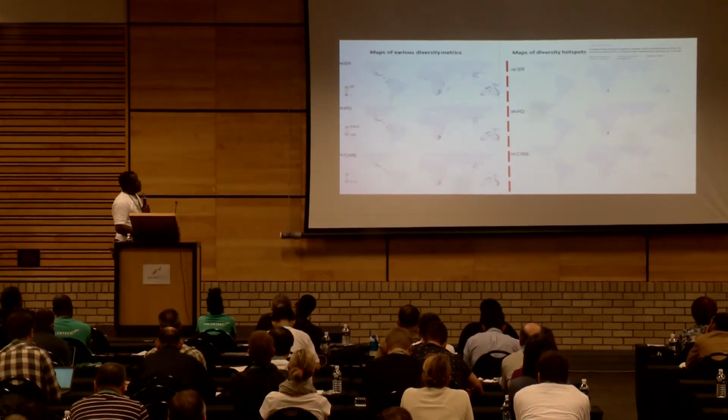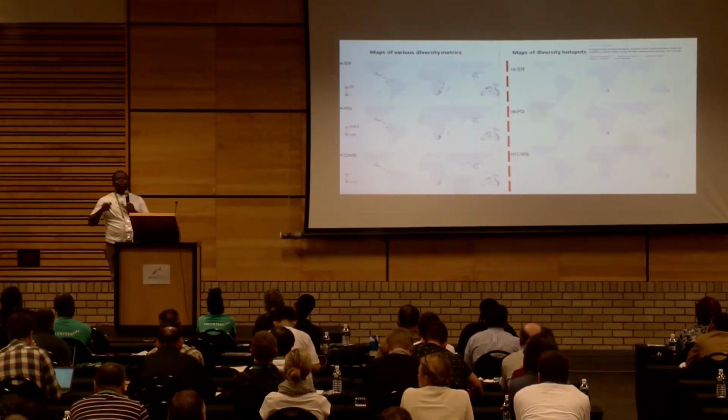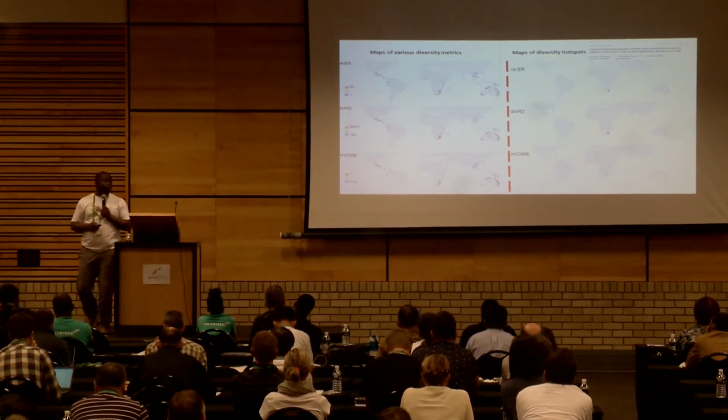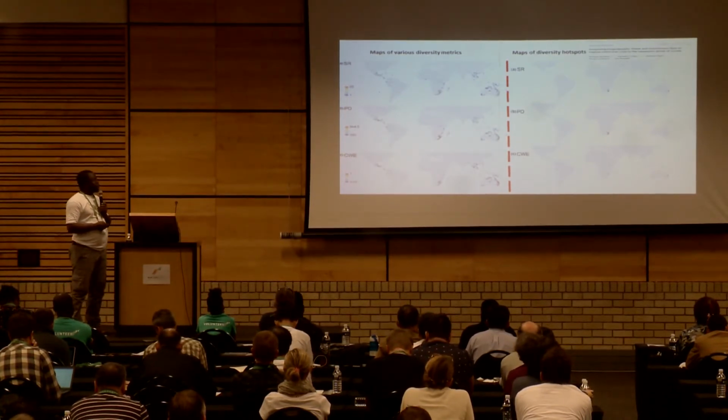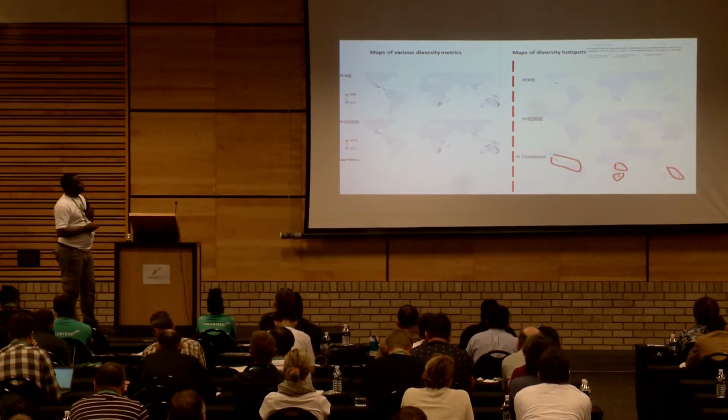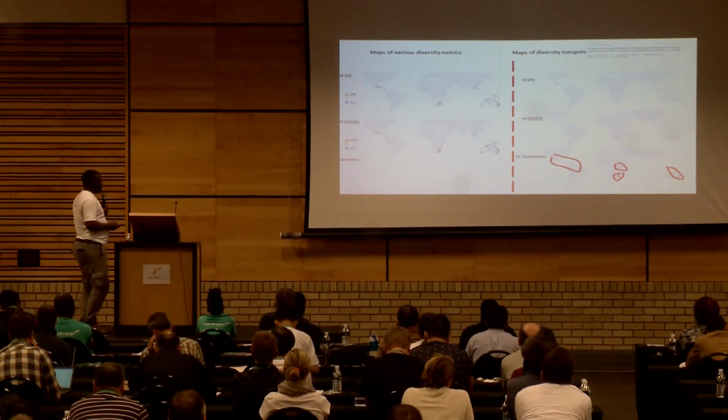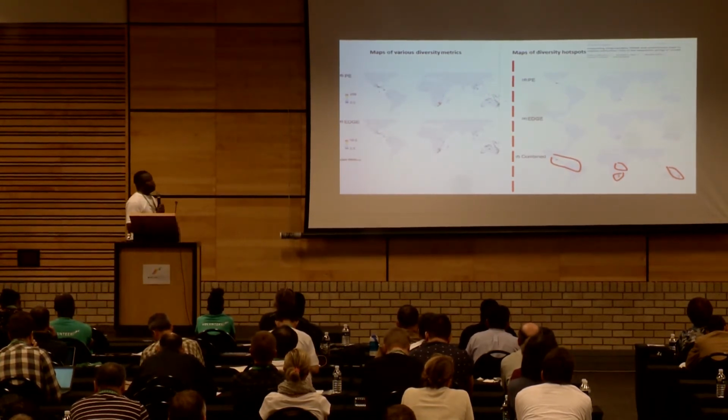And finally, we map the different diversity hotspots of Cycad using different metrics, from species richness to phylogenetic diversity to species endemism and phylogenetic endemism and age. And here is a combination of all those hotspots.